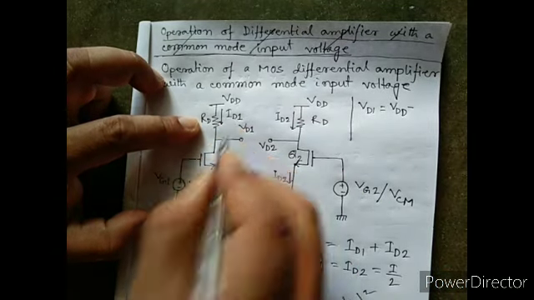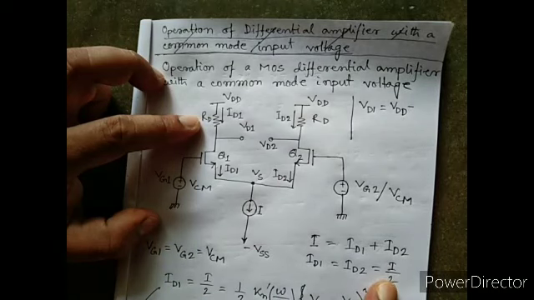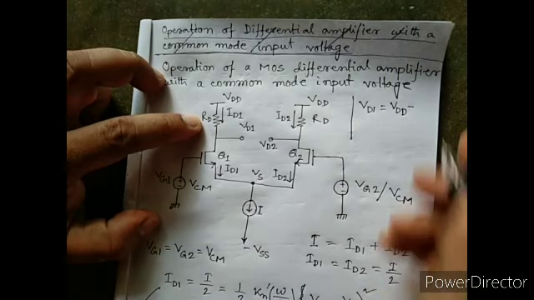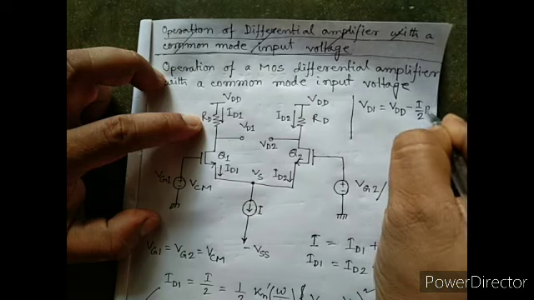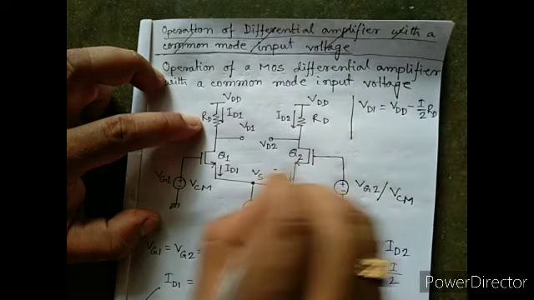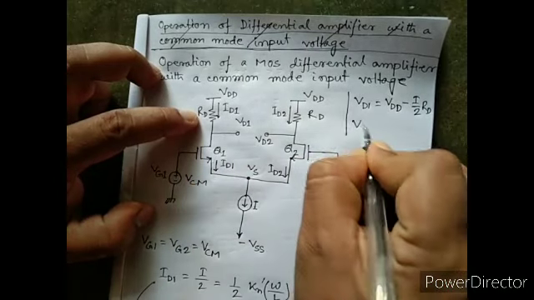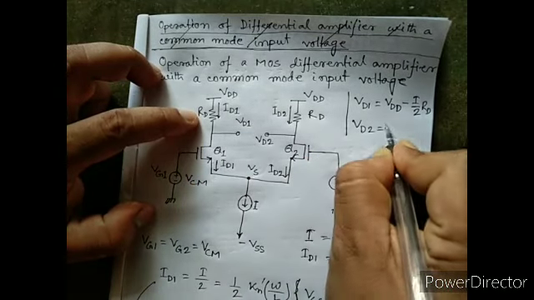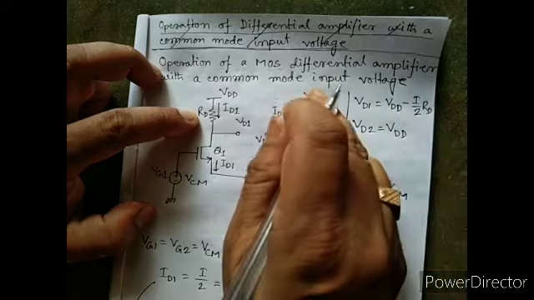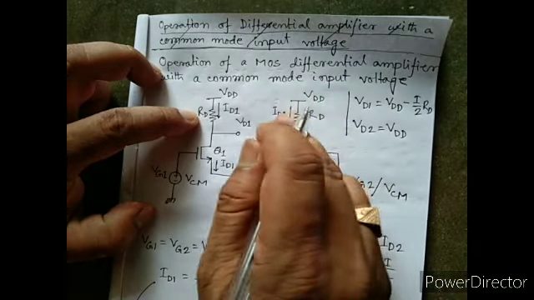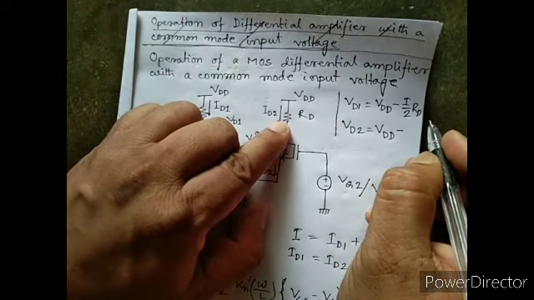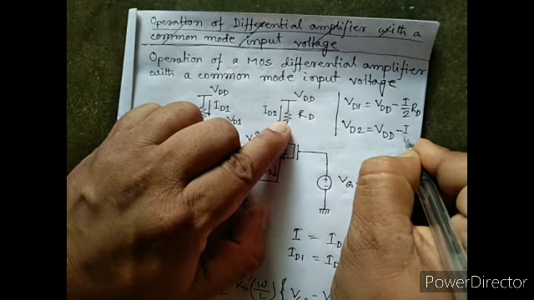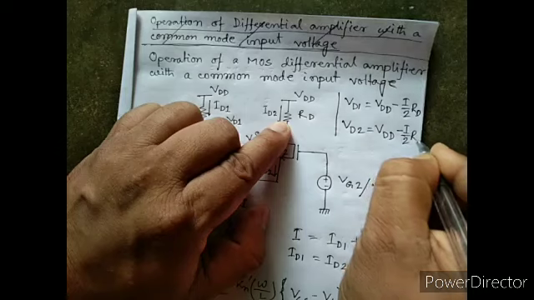That is ID1, which equals I by 2, so I by 2 into RD. For VD2, that is also VDD minus the potential drop at that point, where the current passing through RD is I by 2, into RD.